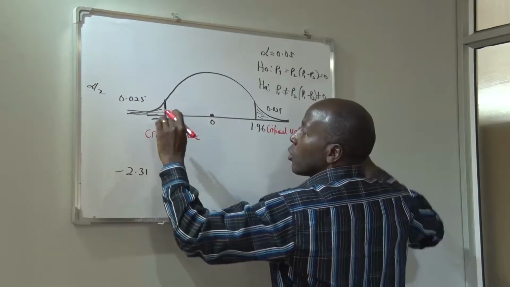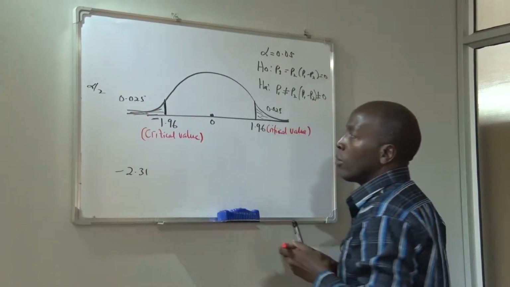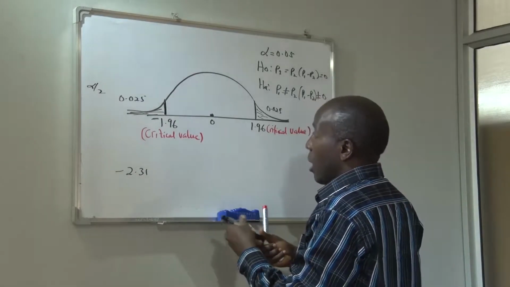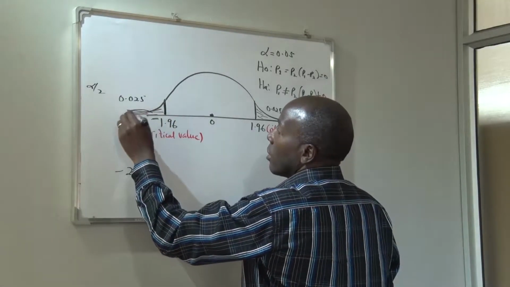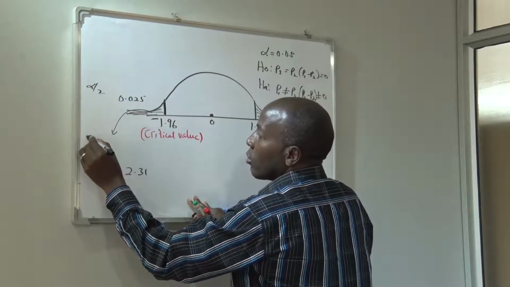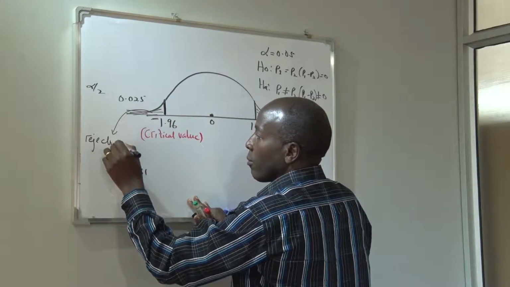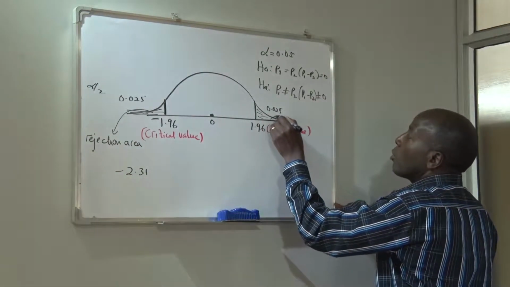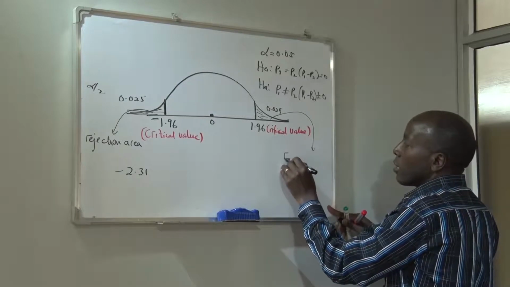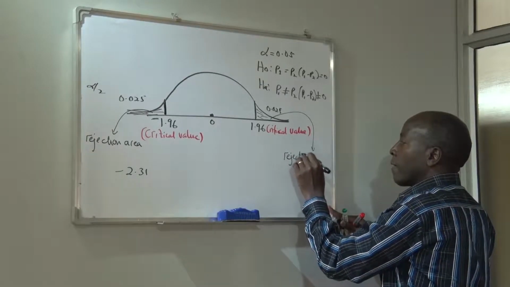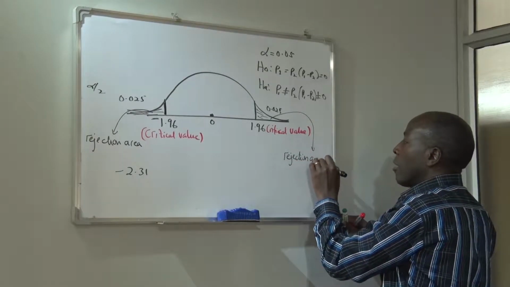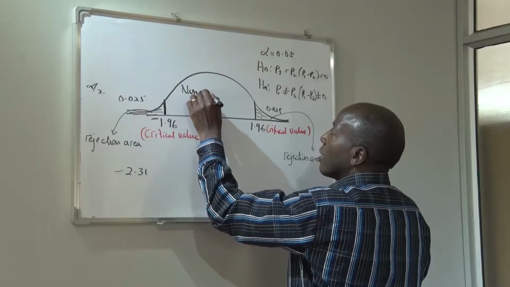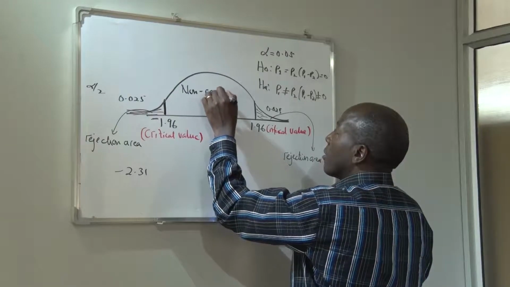To the extremes of the critical values, in black, is what we call our rejection area. This is where we reject the null hypothesis, and this one also is a rejection area. Anything in between the two is a non-rejection area.